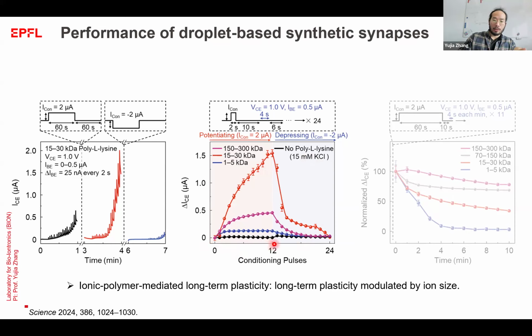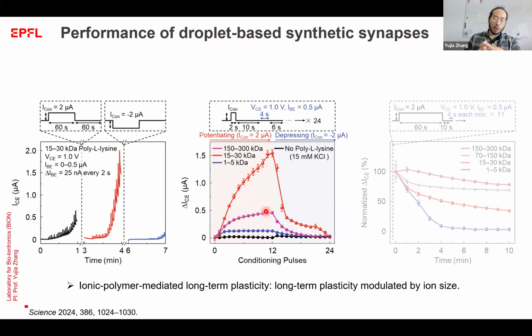We didn't observe a strong memory resistive effect, as shown at the bottom by the black curve. If we slightly increase the molecular weight of polylysine, let's say from 1 to 5 kilodalton to 15 to 30 kilodalton, we did observe a strong increase of the modulation effect. Basically, how large we can change the conduction current, as monitored here.